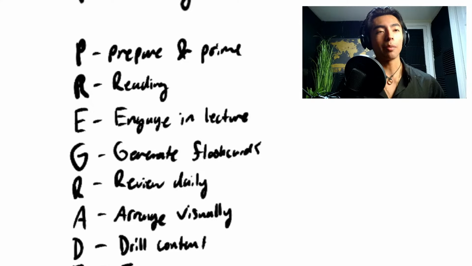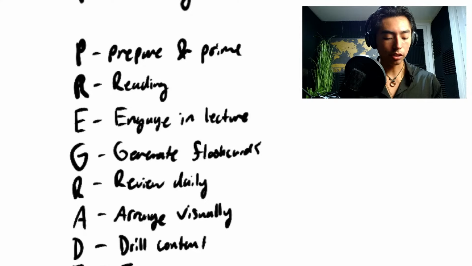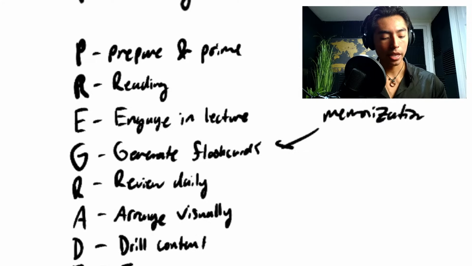It was just absolutely ridiculous. So yeah, if you have memorization-based courses, you weight this way heavier, so memorization. And if you have practice and application, you would weight arranged visually more, so practice and application.